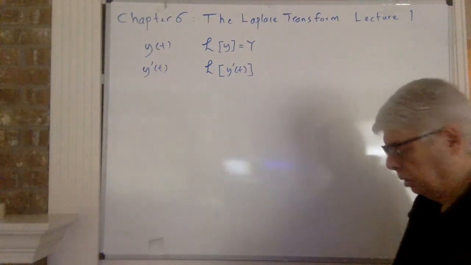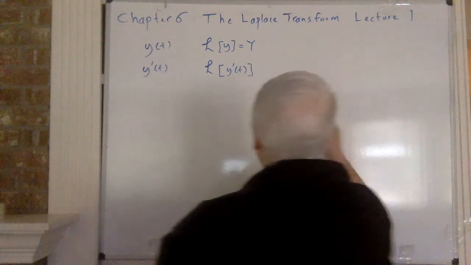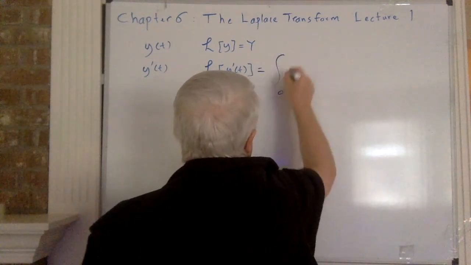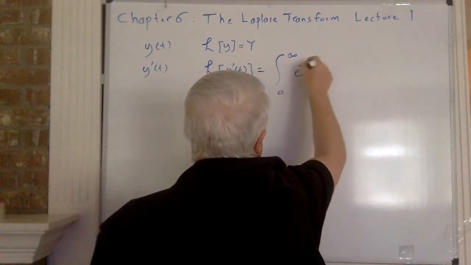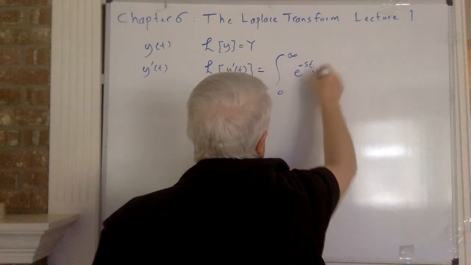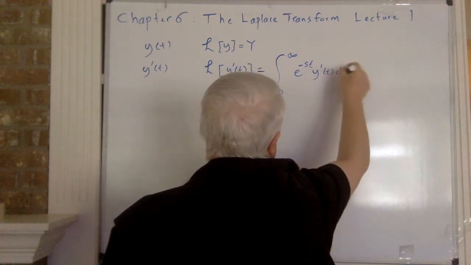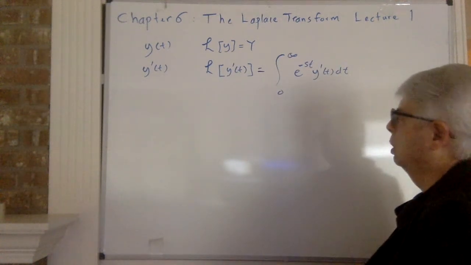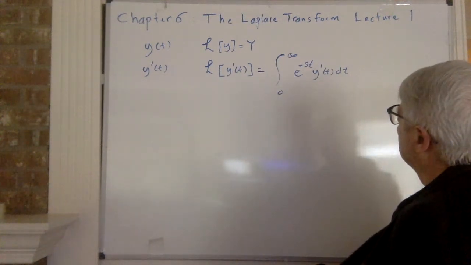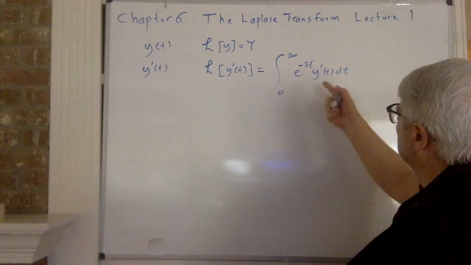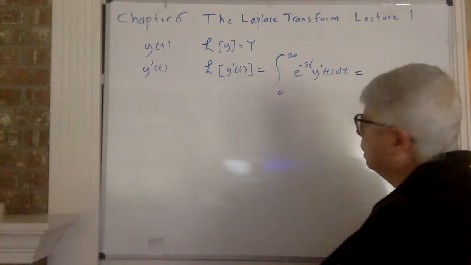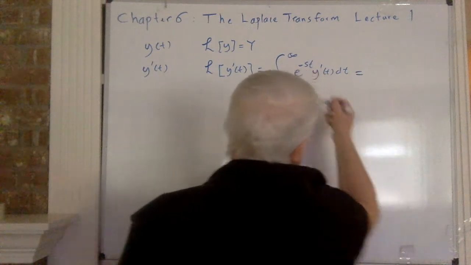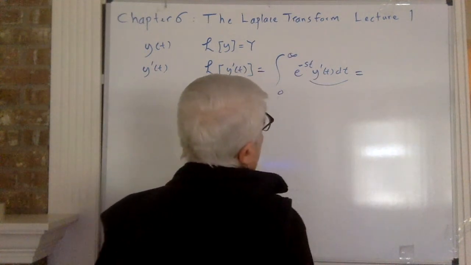Okay, let's find it. So this is integral 0 to infinity e to power minus st y prime t dt. Right? So what does integration by parts give me? Well, it's right here, right? y prime dt.